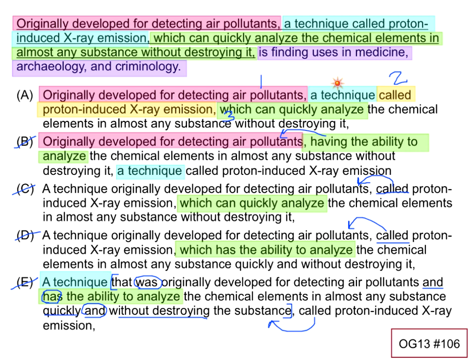Oh, and good question. So Rahul's asking, what about the with and without destroying the substance? Okay, so over here, what's going on in E, if you go and read their explanation, they basically call this awkward. And what they're saying here is there's too many modifiers all jammed together between these two brackets that I put right here.